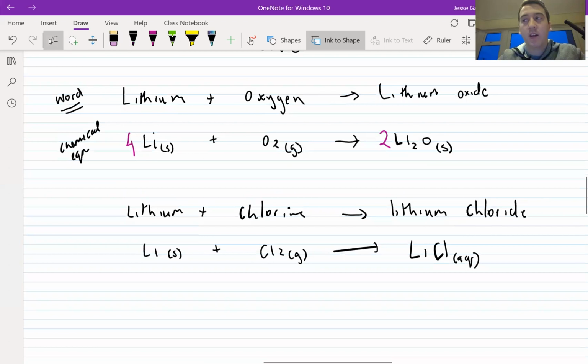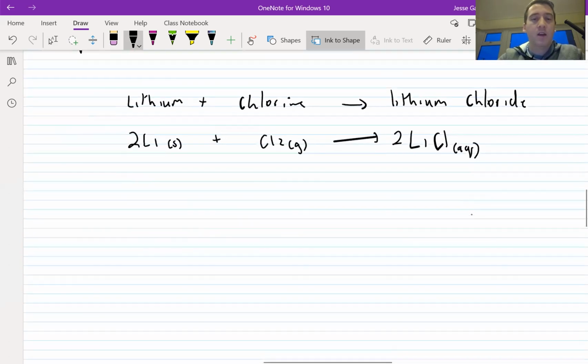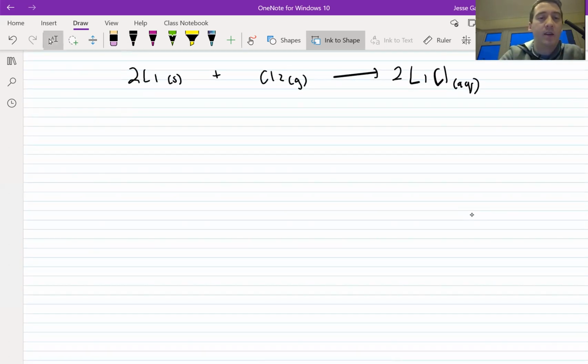So we've got LiCl, lithium chloride. Is it balanced? I'm just checking here. No, I need to put a 2 here to balance the Cls. And that means I need to put a 2 over here then to balance the lithiums. So that is correct.